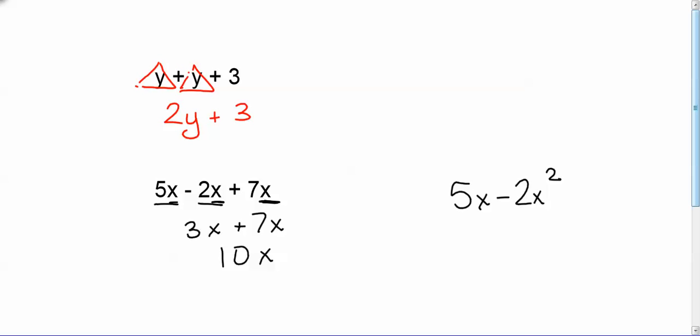And when I say combine like terms, that means add or subtract. You can multiply anything, but when it comes to adding and subtracting, we don't know what x is worth. So we can't combine that with a y, for example, because a y and an x aren't the same thing.